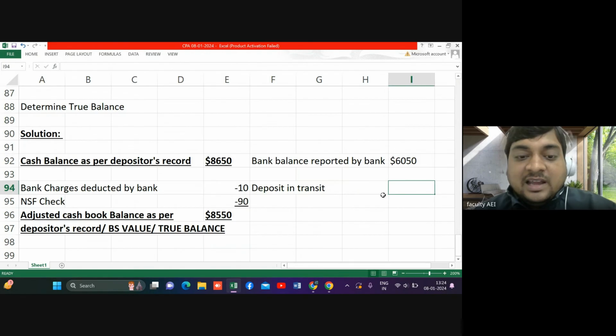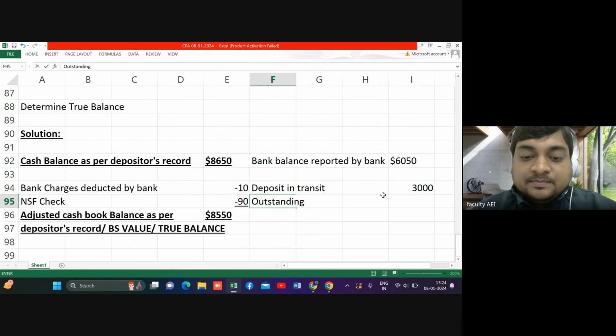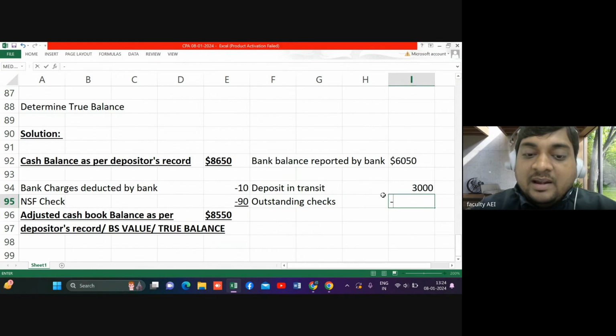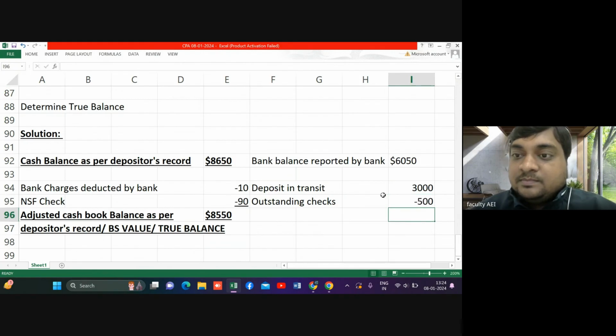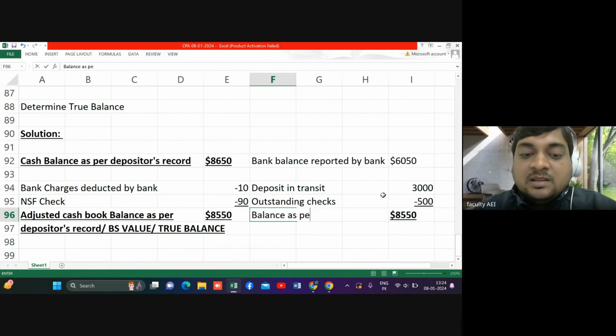If it is collected, I will increase it by 3000. Assume that the outstanding check is paid. So I'll reduce by 500. So anyway, I'm getting 8550.